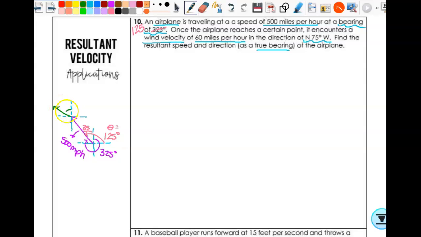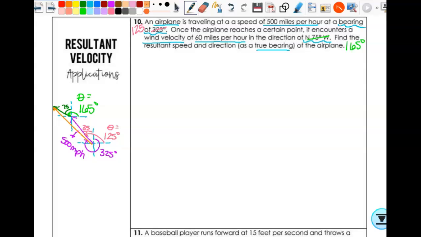So this right here is 75. I need theta. What am I going to do to get theta? Add 90. So my theta here then, theta is 165 degrees. So I'll mark that out and put 165. So my resultant vector goes from here to here.